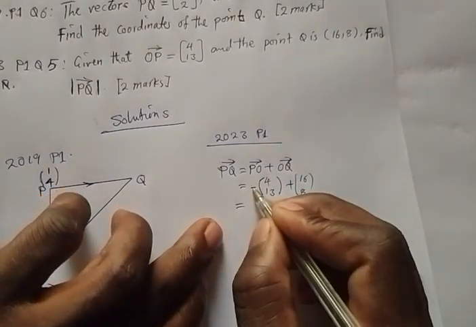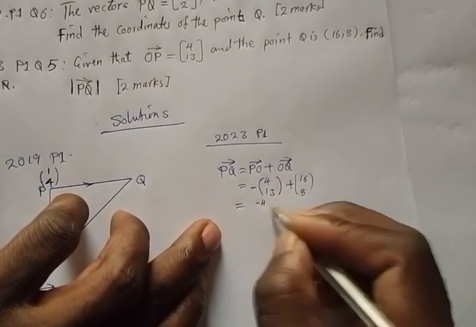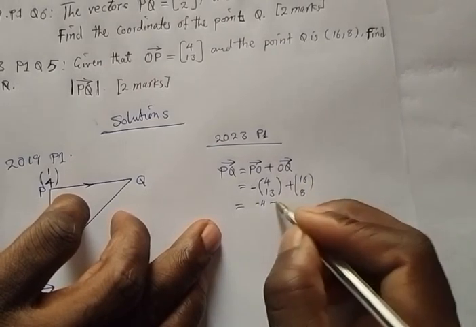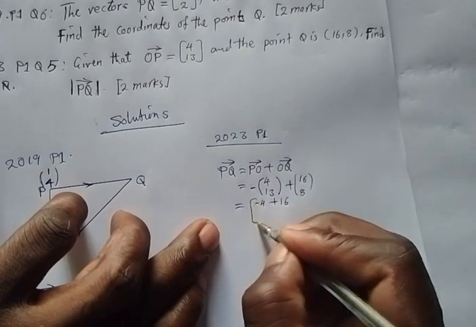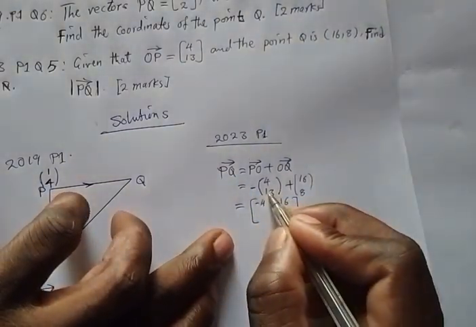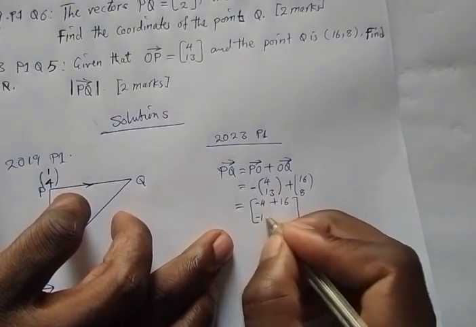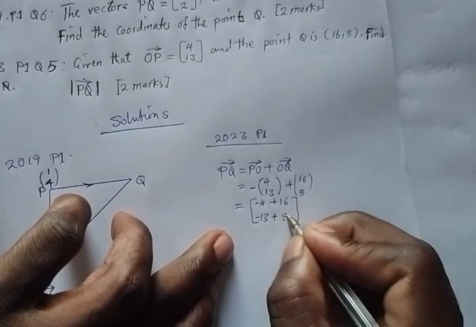So we have negative here. You can multiply negative times 4, which will give us -4, then plus 16. Then negative times 13 gives us -13, plus this 8 here.